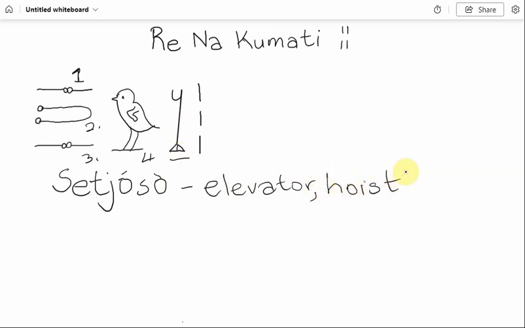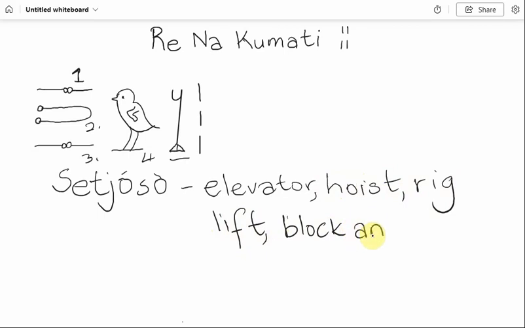A hoist, a rig, as they would call it in some places, a lift, a block and tackle. If you are in the Americas, block and tackle, and so forth.